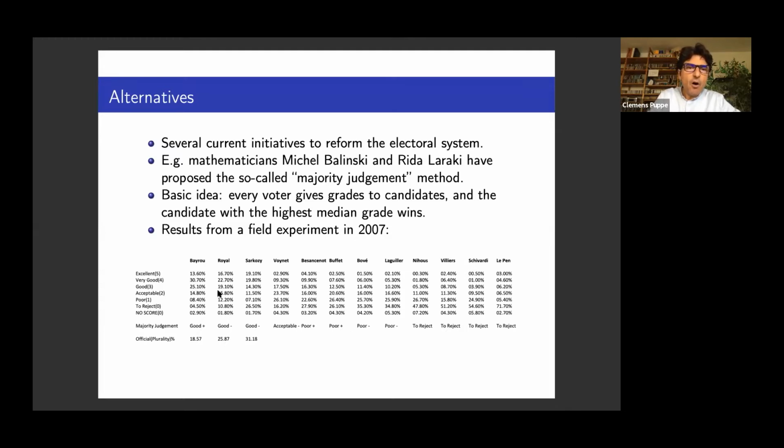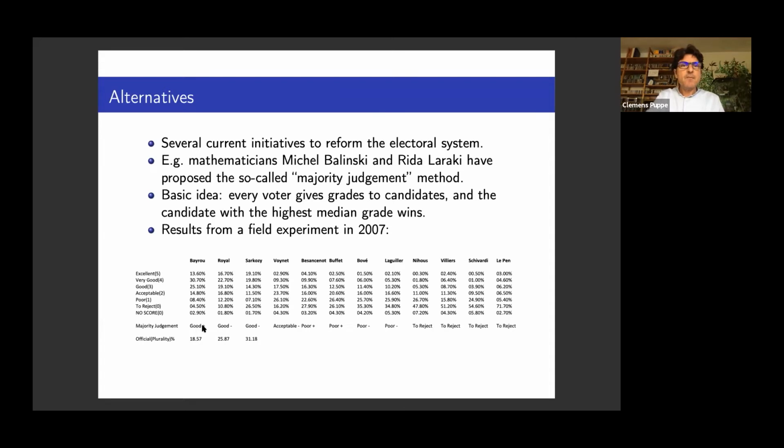And for Royal, also the grade good. For Sarkozy, also good. For the rest of these candidates, the majority judgment or median grade was worse. So it is only a question between these three. No surprise here, of course. But now what you can do is put a plus or a minus depending on whether the number of people who had a grade better than the majority judgment, better than good, is greater, or worse than good is greater.